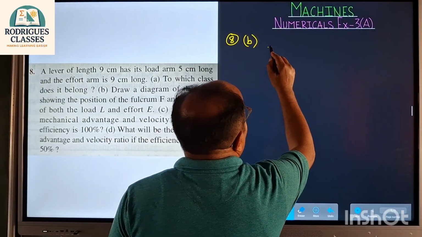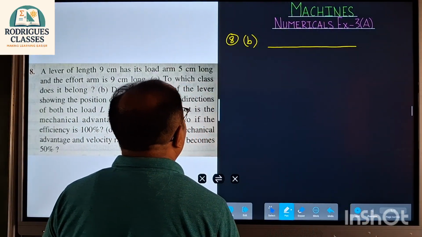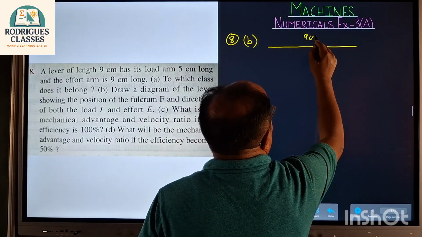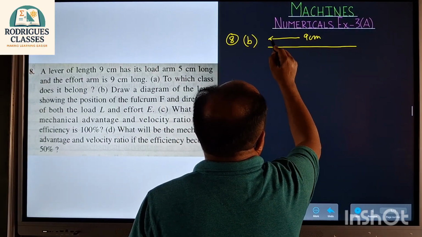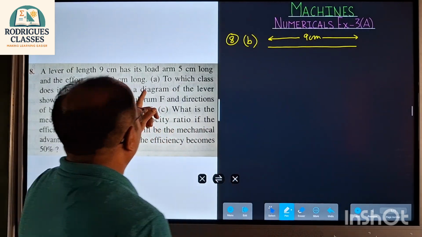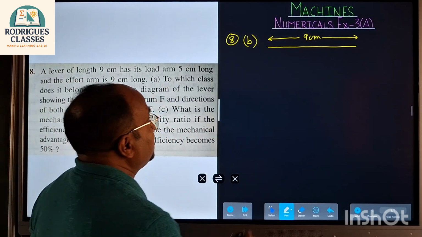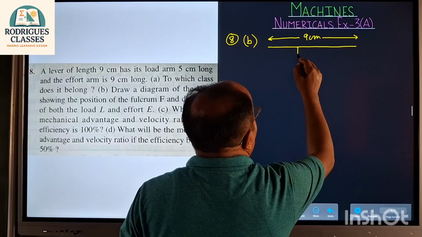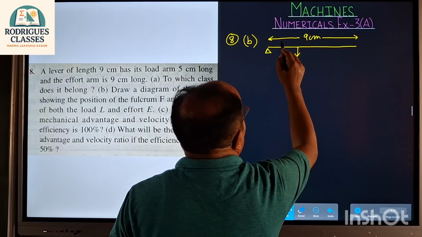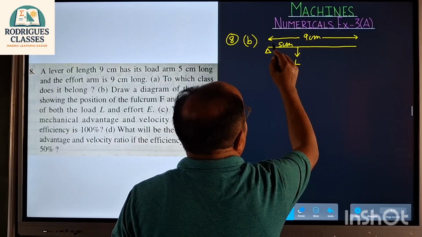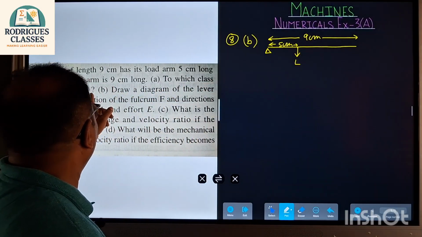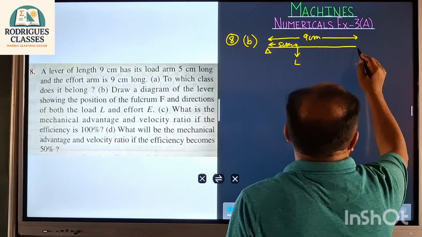The diagram: this is the entire length, so it is 9 centimeter. Then it is told that the load arm is 5 centimeter. So I take the load acting here, and I should take the fulcrum here. This becomes 5 centimeter and the effort arm is given as 9 centimeter.